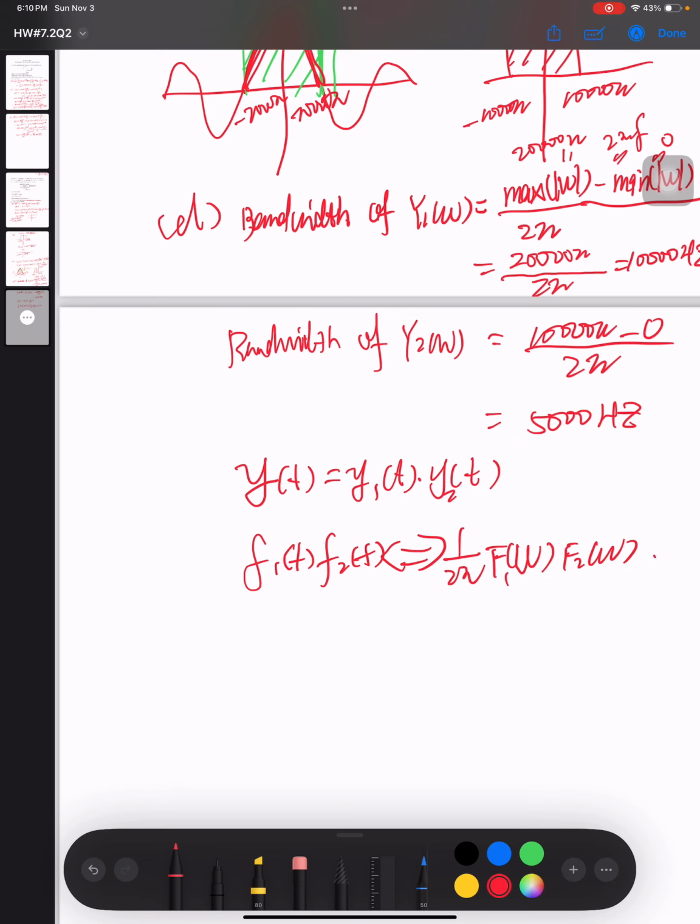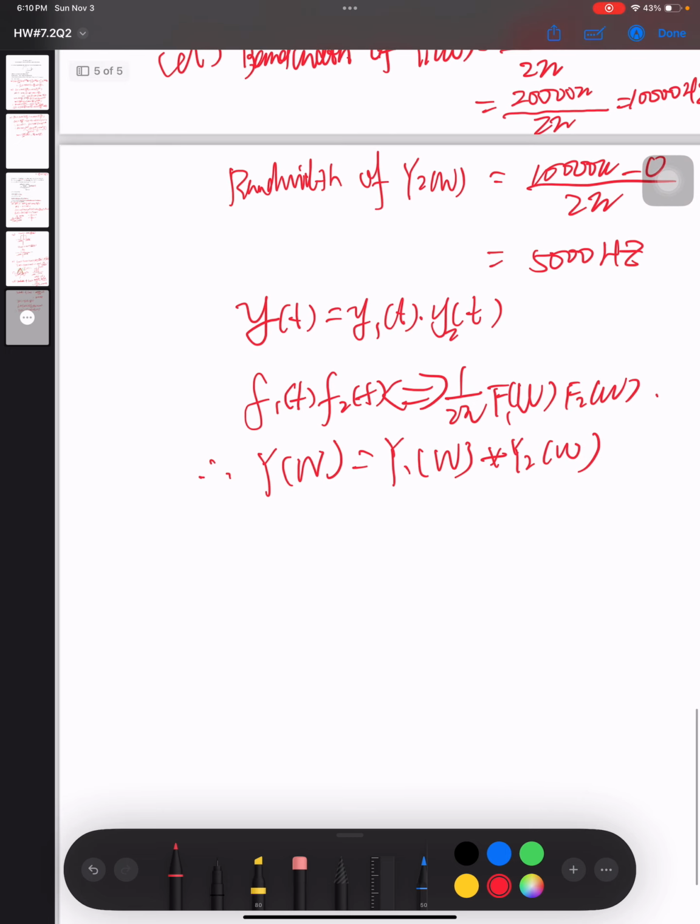So y omega is y1 omega convolved with y2 omega. From the property of convolution, it follows that the bandwidth of y omega is the sum of the bandwidths of y1 and y2 omega.